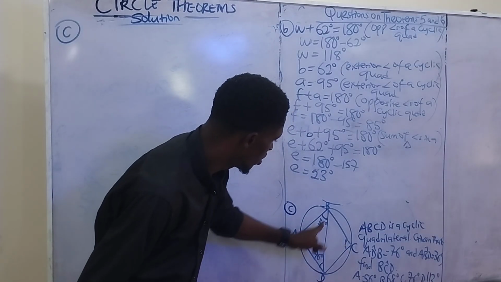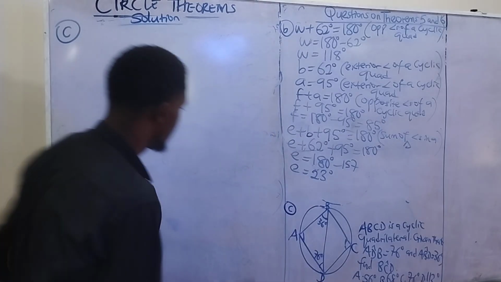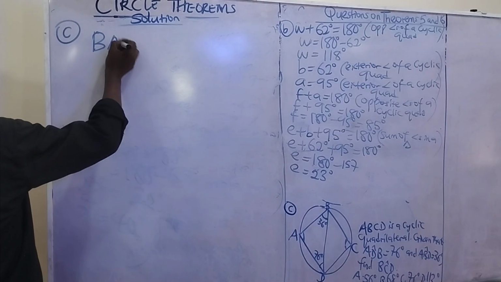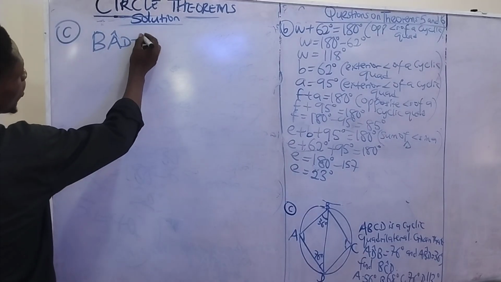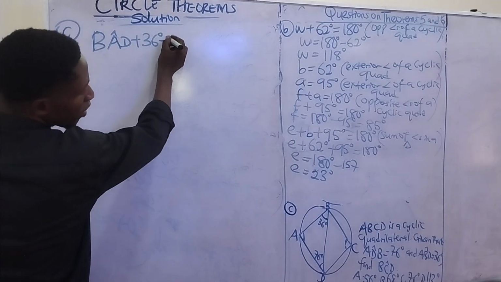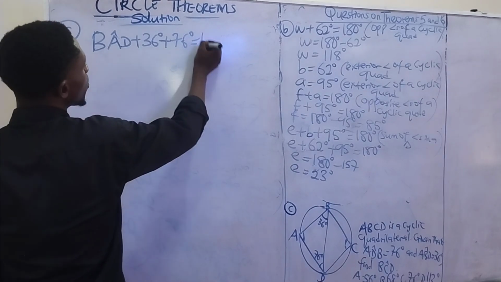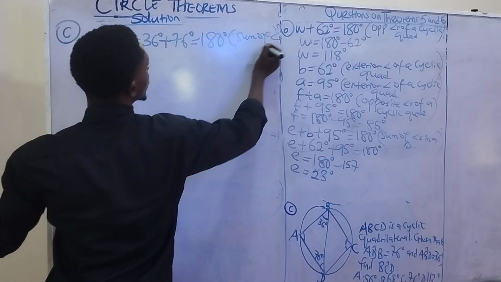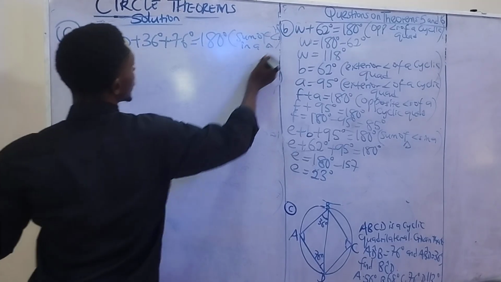So let's call this one angle BAD. BAD plus 36 degrees plus 76 degrees is equal to 180 degrees, sum of angles in a triangle.